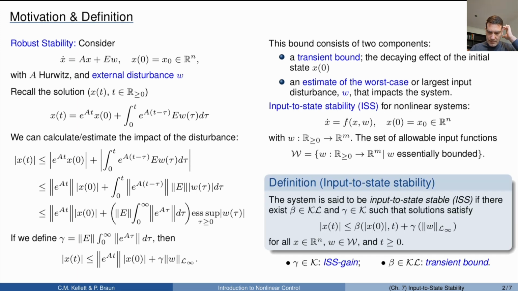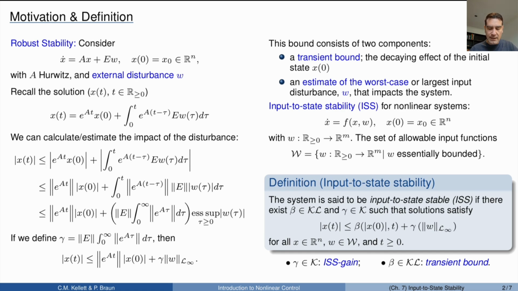And this can be extended to nonlinear dynamical systems, where we are essentially interested in a bound of this form. So we take a nonlinear system now, x dot is equal to f of x, w. Again, w here is a disturbance, not an input. We assume that our disturbance signals are essentially bounded.